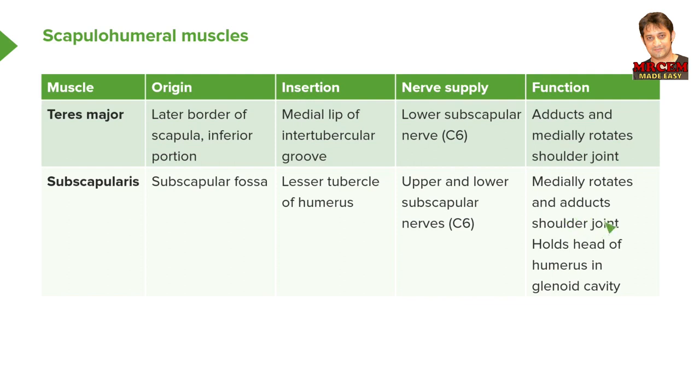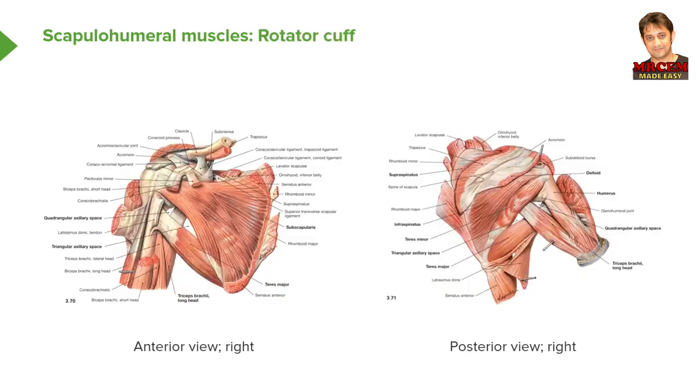So with adduction and medial rotation, it works with teres major, but it also helps to hold the head of the humerus in the glenoid cavity. And this feature means it's part of the rotator cuff. And here we can see those rotator cuff muscles in their anatomical orientation.